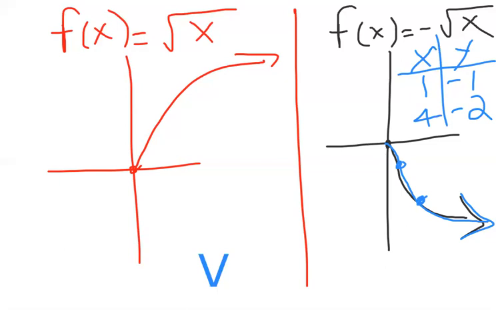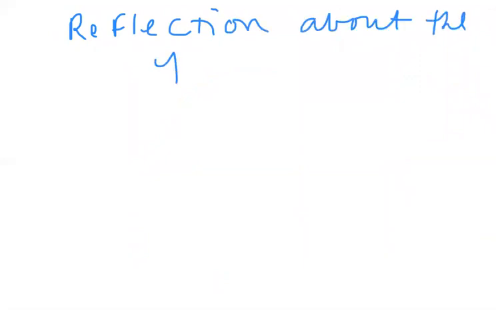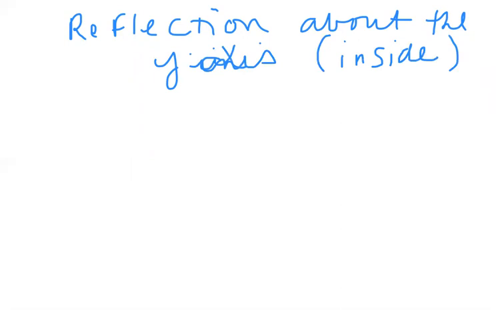Now, this next one you need to be careful with. Here's why. When we talk about reflection about the y-axis, okay, this one happens inside the function. So guys, this is why you need to be careful.